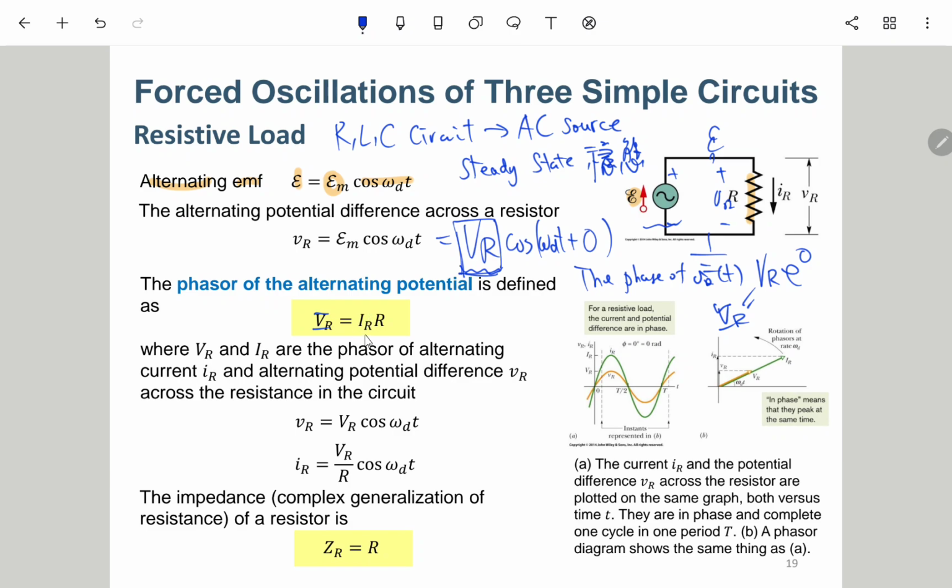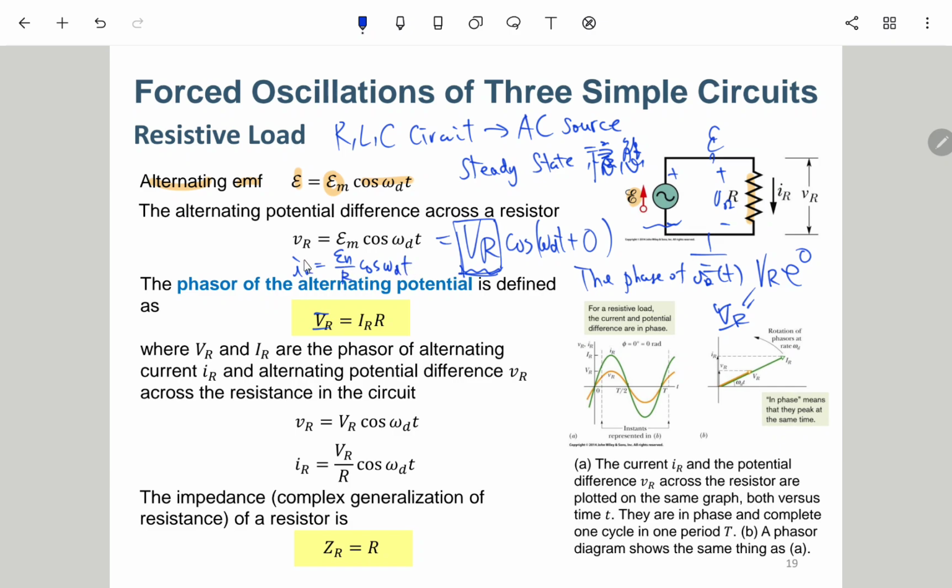And then it equals the phasor of the I out, capital I out. Okay, it's still a real value for the resistor, and then multiply by R. You may ask why it is like that. Also we can write I out to be EM over R, and then cosine of omega dt.